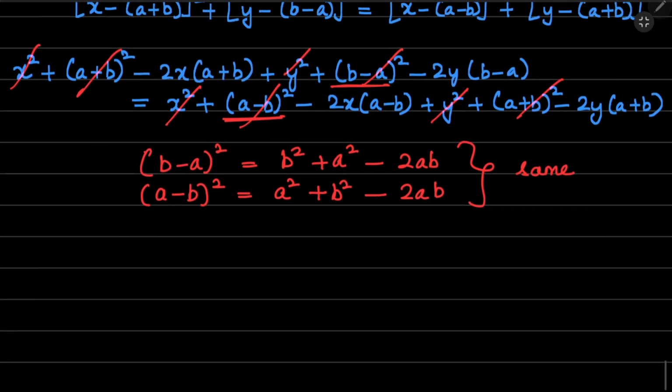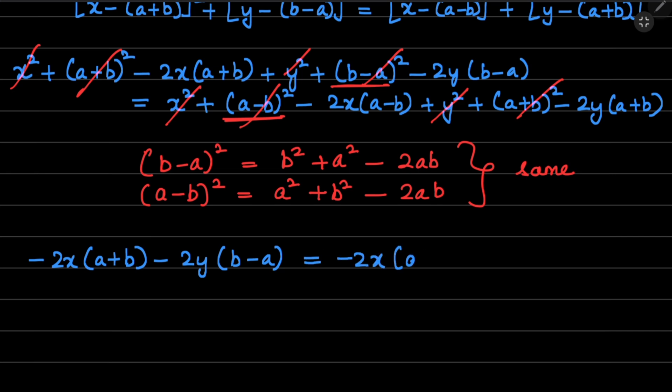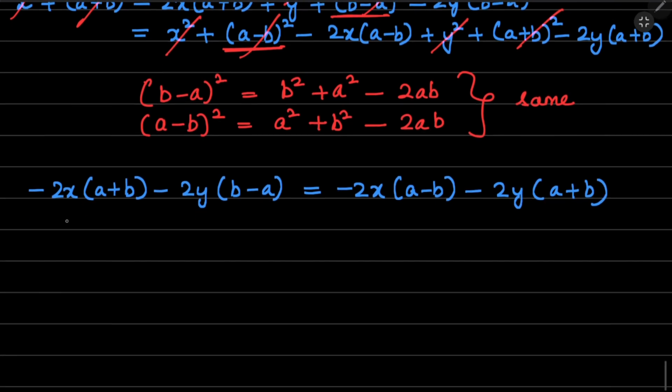So what now remains is nothing but minus 2x into a plus b, and minus 2y into b minus a remains in the LHS, is equal to minus 2x into a minus b minus 2y into a plus b. Let's take minus 2 common out.